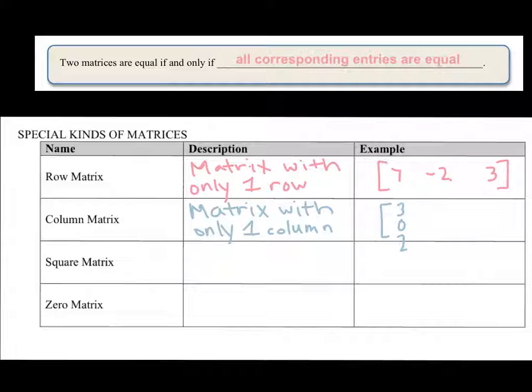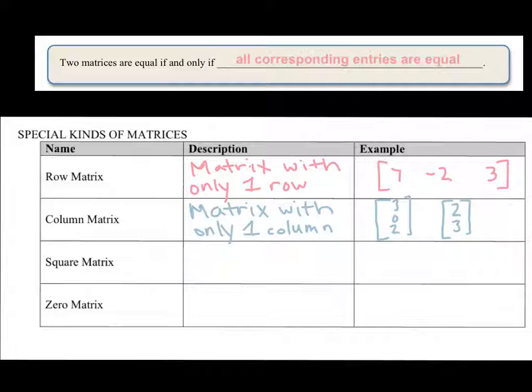I can see if I can write that smaller. And we could make it even 2 by 1. But only has a single column.